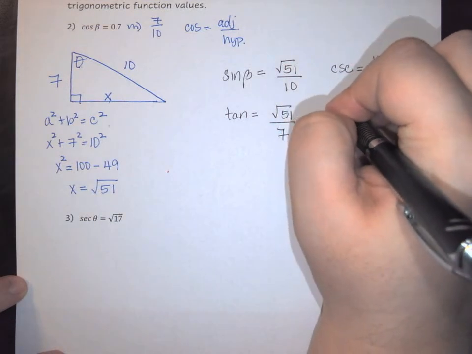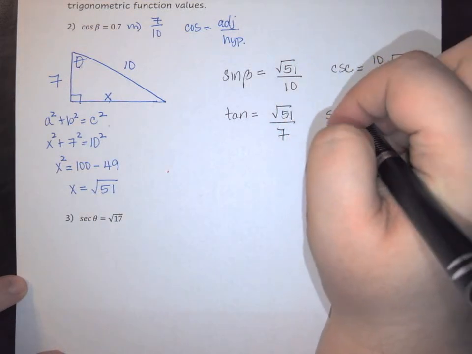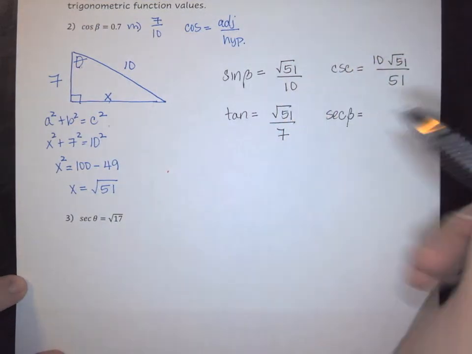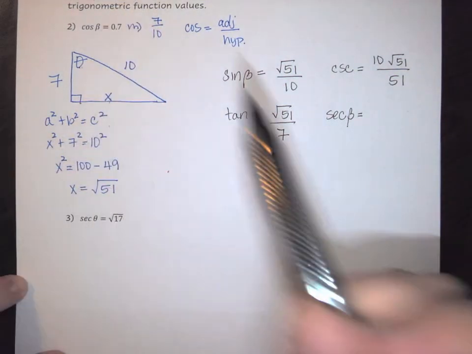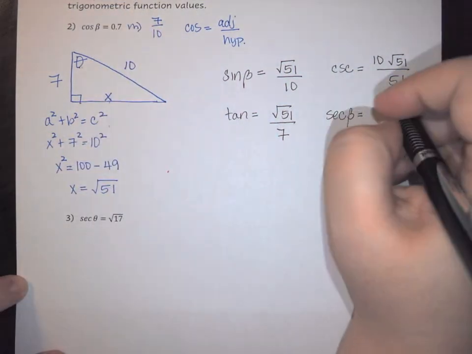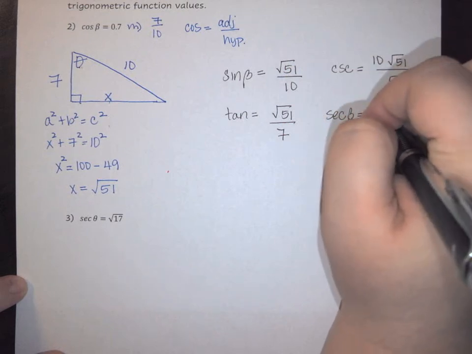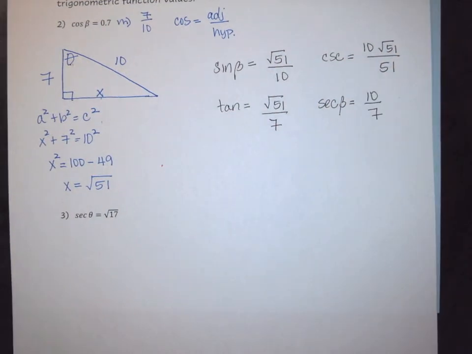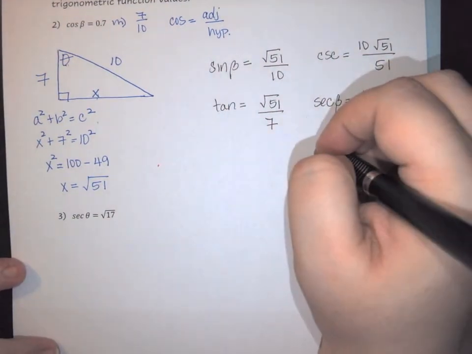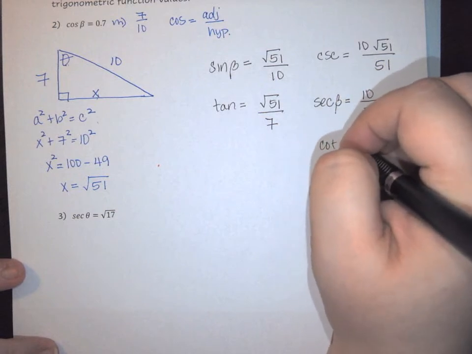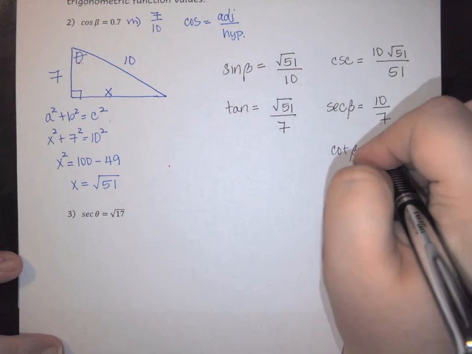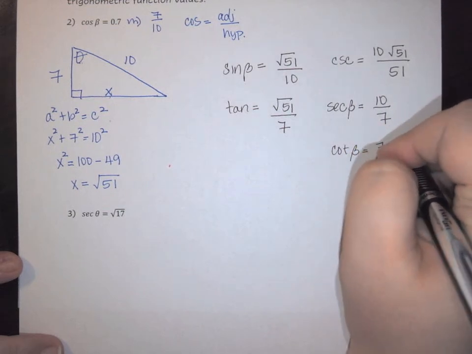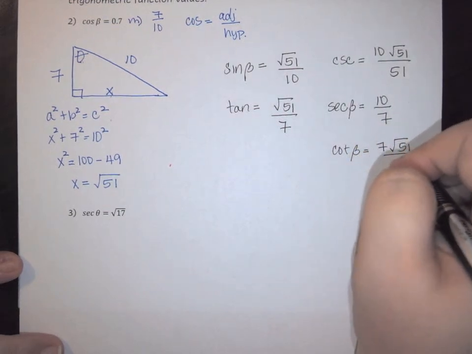Here we would have the secant, and in this case again it's going to be the reciprocal of your cosine. So in this particular situation, it would be 10 over 7. The last thing that we have is the cotangent, which is the reciprocal of tangent here. So again, it's going to be 7 square roots of 51 over 51.